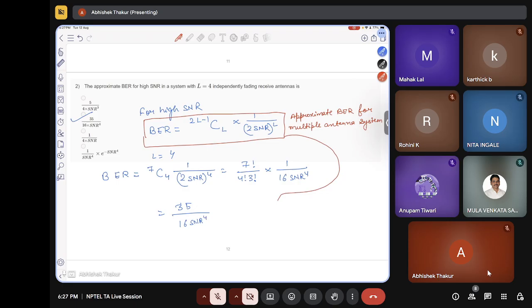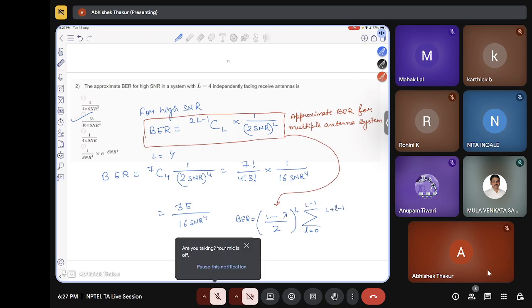And one more thing. When SNR is not given high, in that case, bit error rate will be 1 minus lambda by 2 to the power of L summation l is equal to 0 to capital L minus 1, L plus l minus 1 Cl, 1 plus lambda by 2 to the power of l.